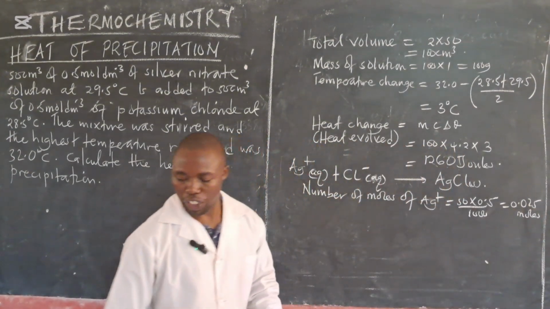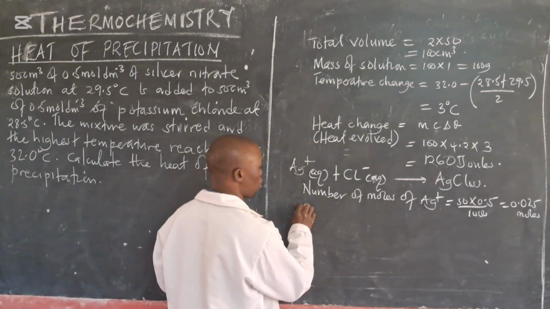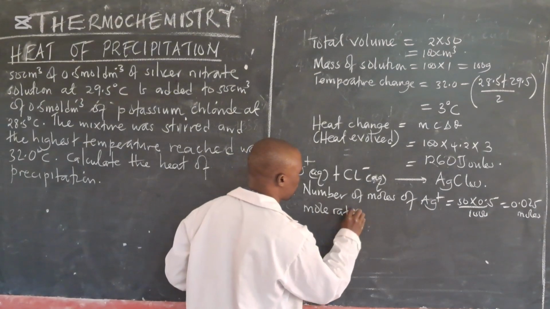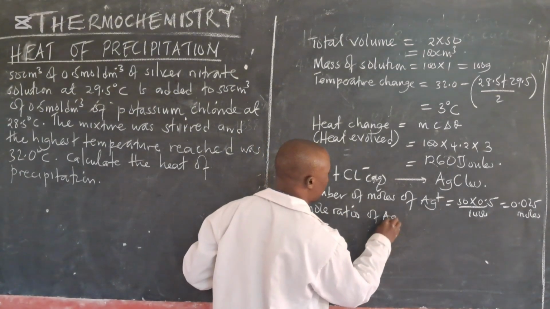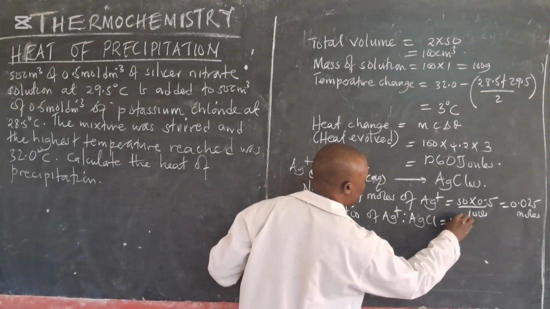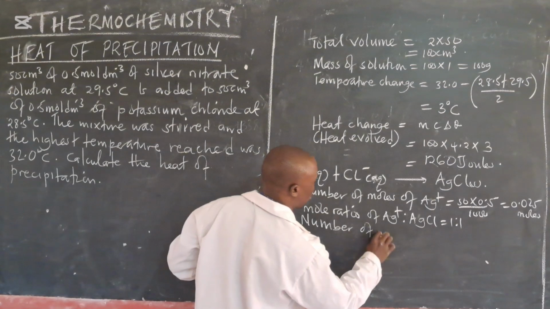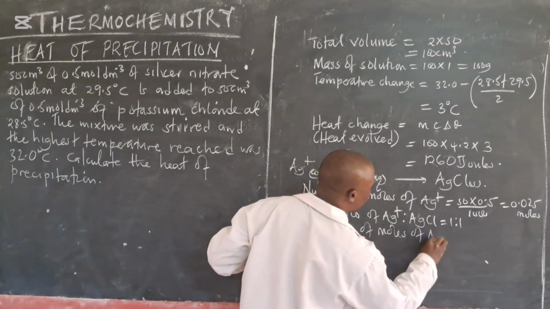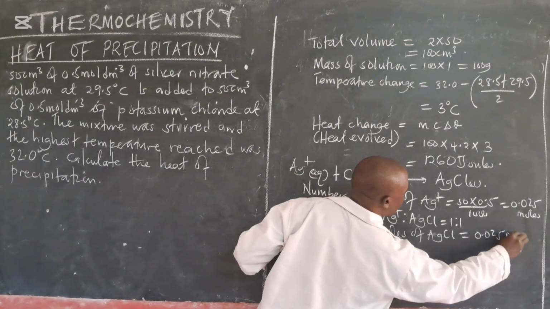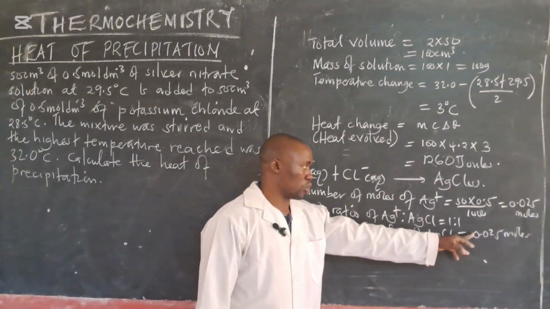Now from the mole ratio, 1 mole of silver produces 1 mole of silver chloride precipitate. So the mole ratio of silver ions to silver chloride is 1 to 1. So the number of moles of silver chloride is the same, 0.025. So these are the moles of the precipitate formed.